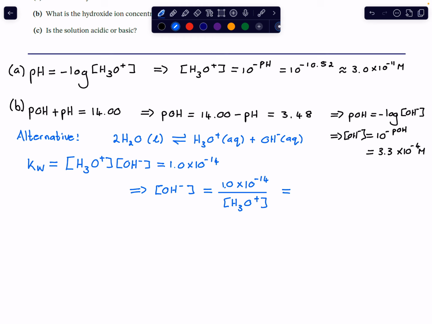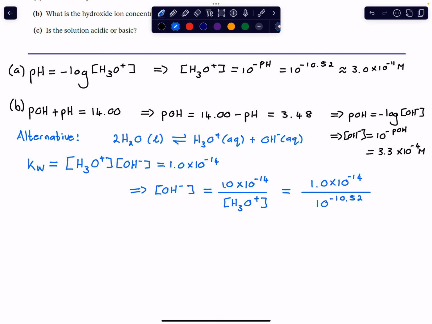Right, and the unrounded value for that, 10 to the negative 14, over the hydronium ion concentration, which is 10 to the negative 10.52, as we got there at the top.